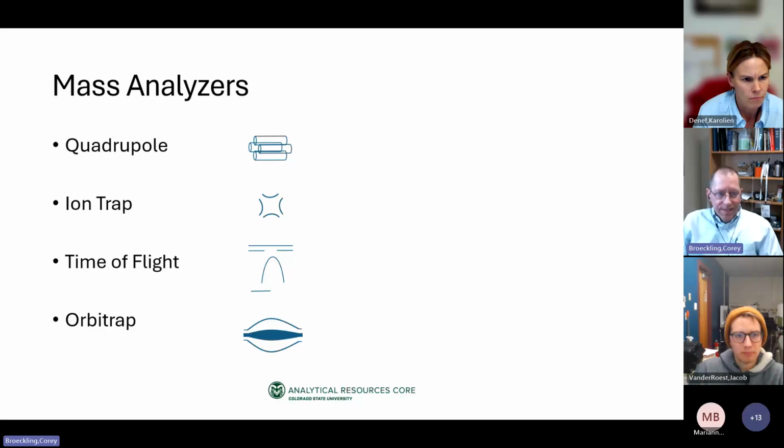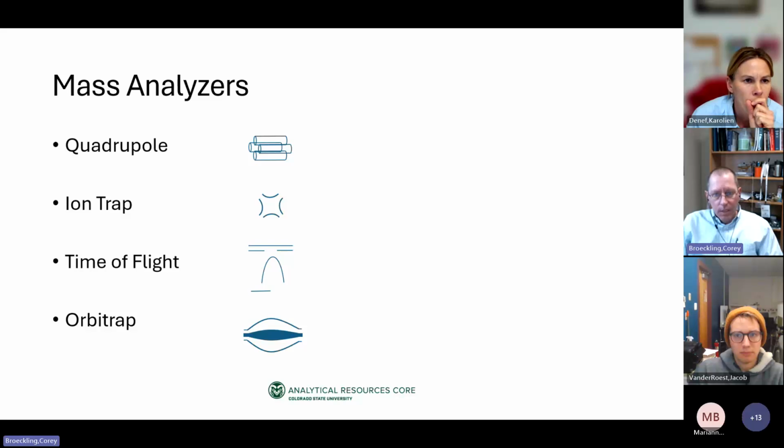Mass spectrometry isn't a single instrument. And I think that for those of you that are new to the field, this is one of the more complicated parts of understanding the world of mass spectrometry: understanding what the different mass analyzers actually are and how they differ.